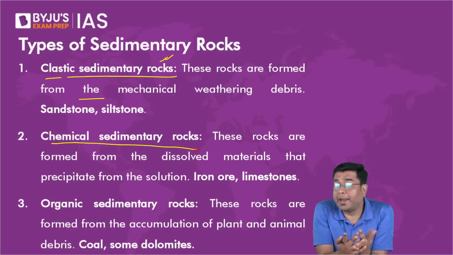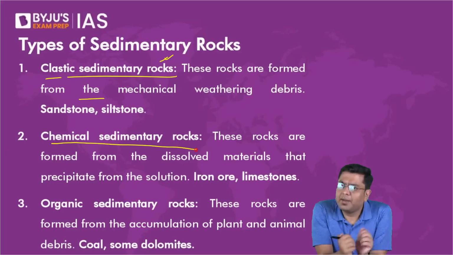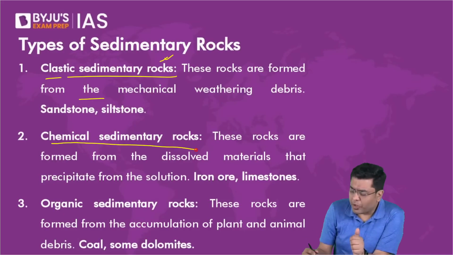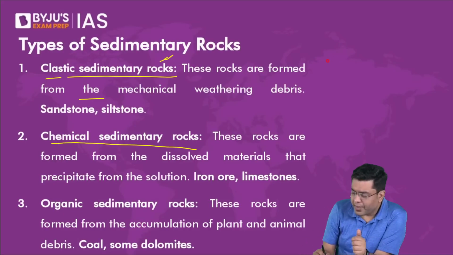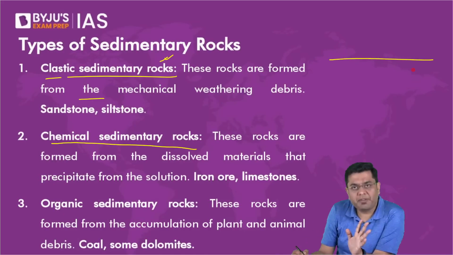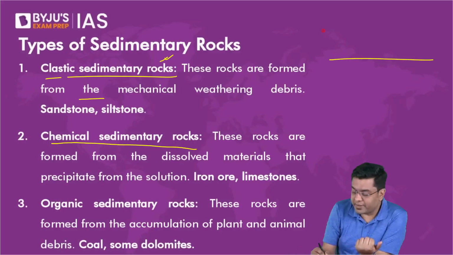Now, iron ore, limestone, they are examples of your sedimentary rocks and chemical sedimentary rocks. Even though nobody is going to ask you in UPSC how these rocks have been created, you should be aware of that. So here, let's understand how iron ore was created. Then I will tell you very briefly how limestone also came into existence.